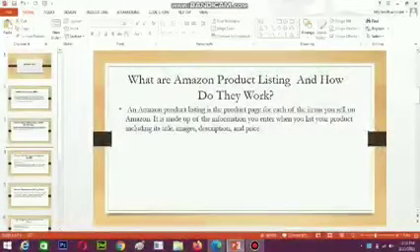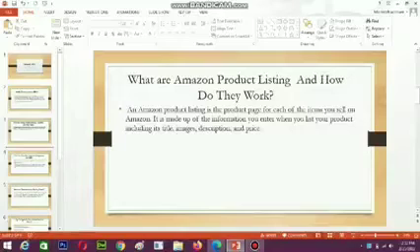An Amazon product listing is a product page for each of the items you sell. We do the work on the backend and it appears as a page on the Amazon site, and it consists of several things like images, description, price, title, and bullet points. These are the main assets of that page.